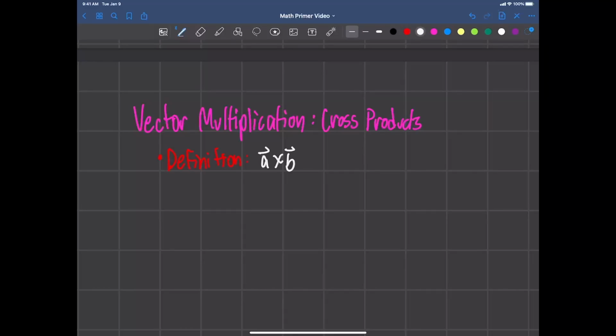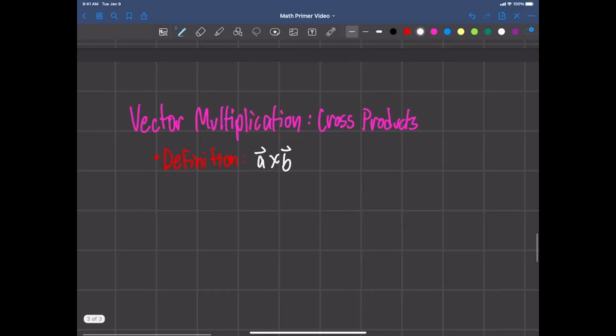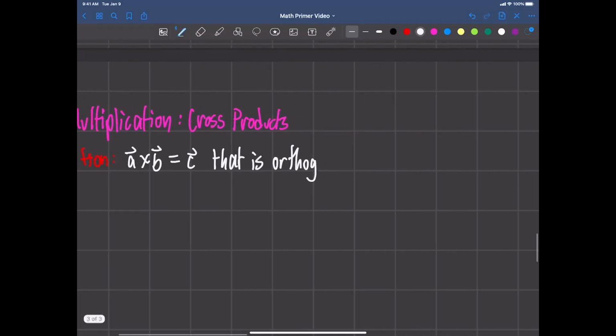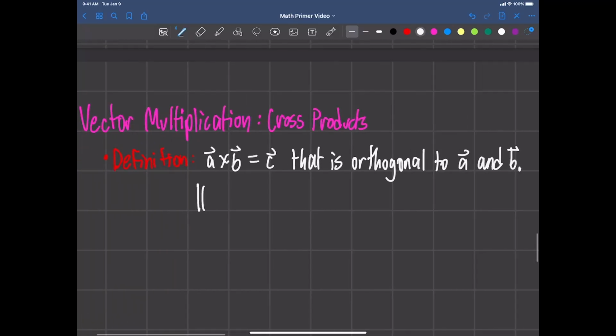A cross B, the cross product of two vectors A and B, is defined as a vector C that is orthogonal or perpendicular, which means at a 90-degree angle, to both A and B. The magnitude of C is equal to the area of the parallelogram that both vectors span.